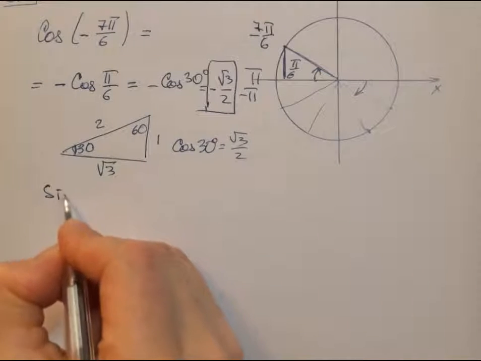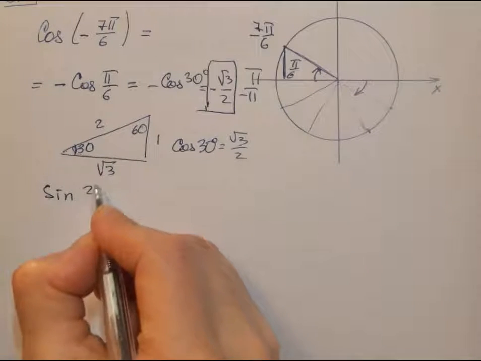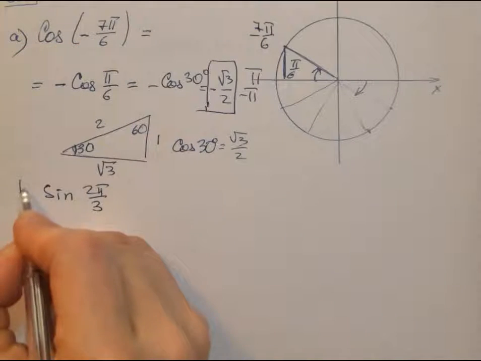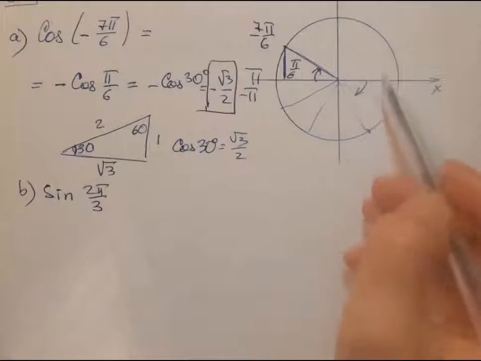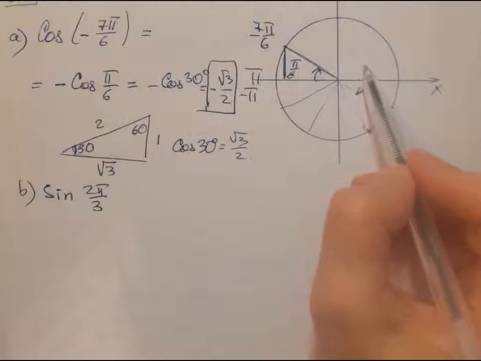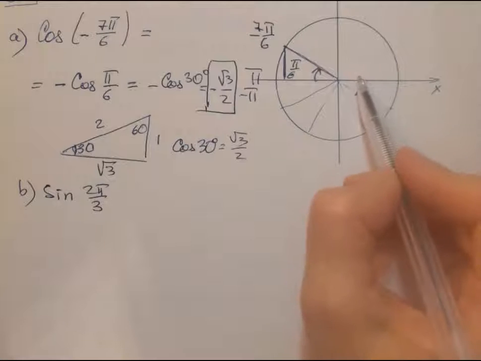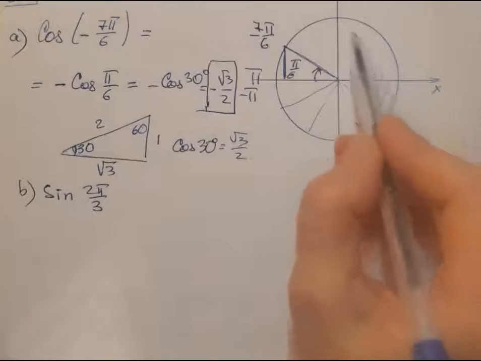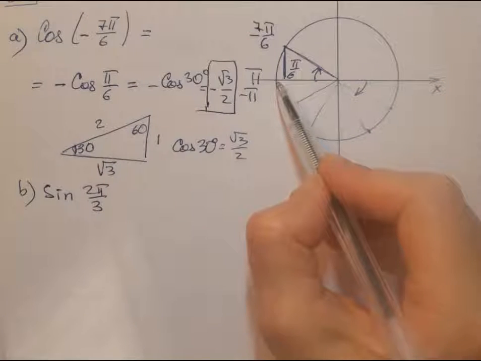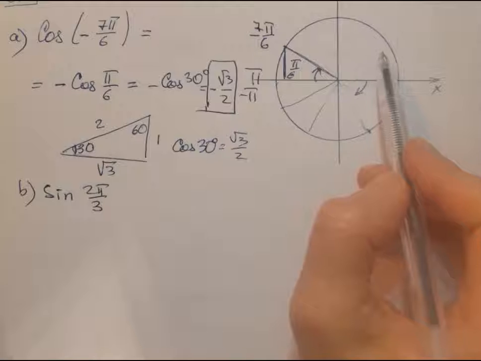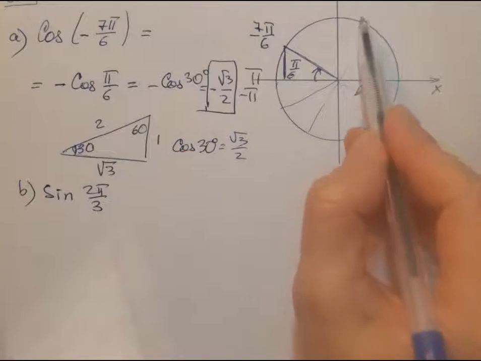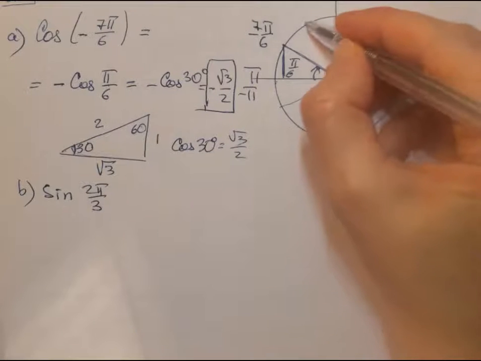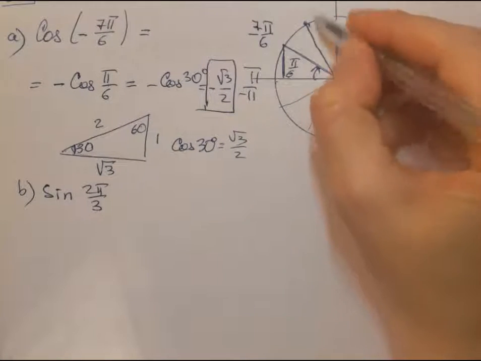Let us find sine of 2 pi over 3. Let us use the same circle. This time we move in a positive direction. The straight angle of pi is equal to 3 pi over 3, so 2 pi over 3 are here.